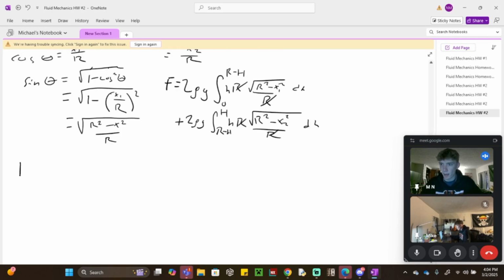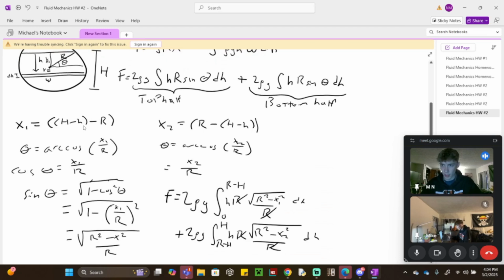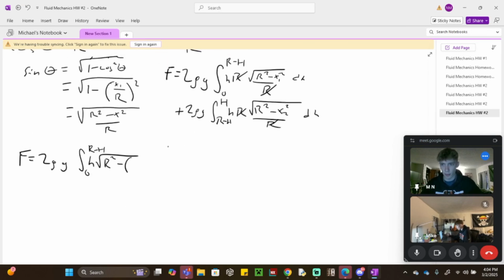These two R's cancel out. Now let's keep writing this out. So we get our F is equal to 2 rho g, R minus H, 0. And now we're going to write out our x1 squared. So we have R squared minus x1 squared, which we know x1 as being big H minus big R. So we get big H minus R squared all over the square root dh plus our 2 rho g.